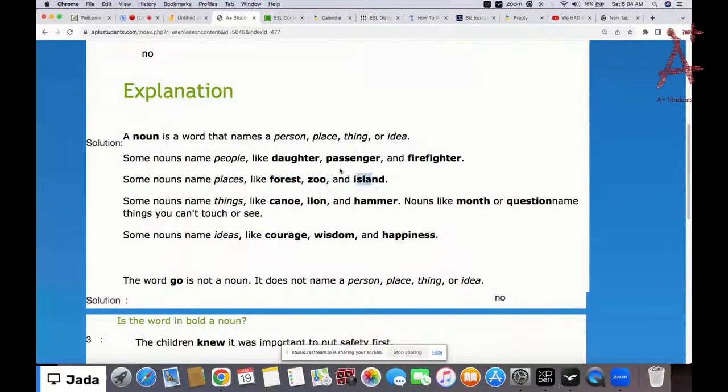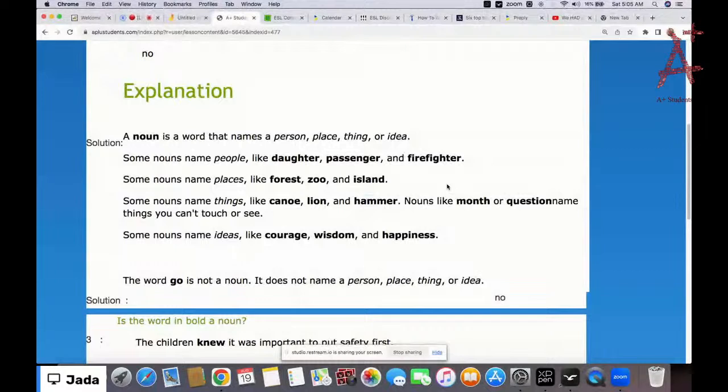Some nouns name things, like canoe, lion, and hammer, just like the way I said table. Nouns like month are not things you can touch or see. There are nouns that name things that you cannot touch or see, and the example is months, like January, December, July, and all that.